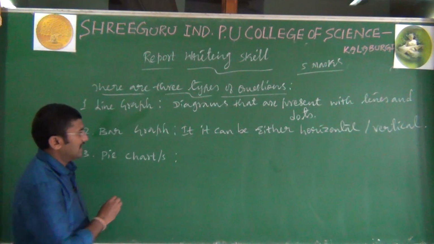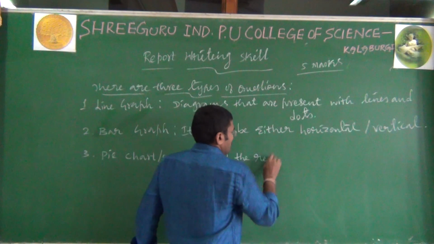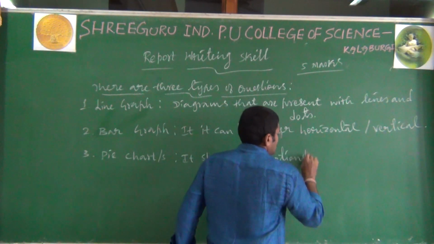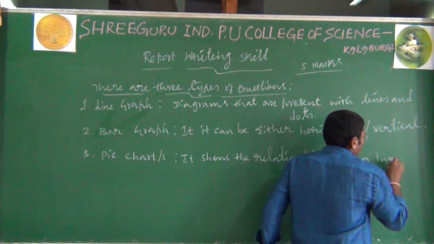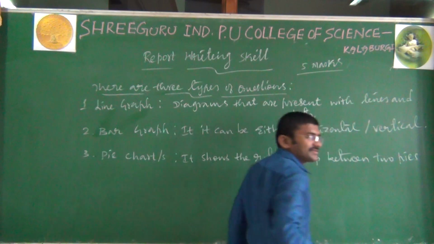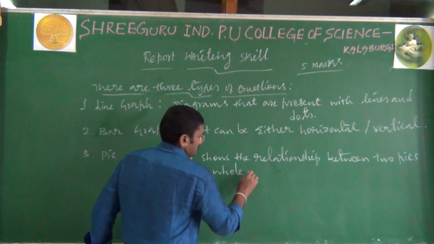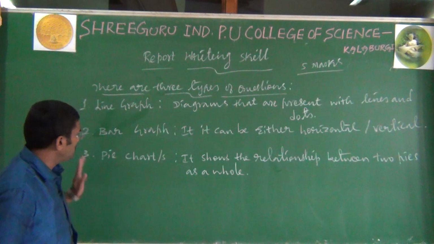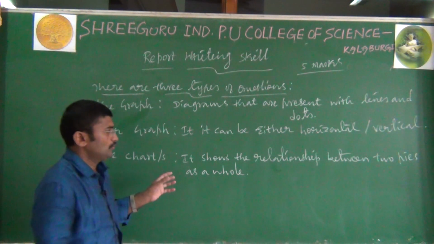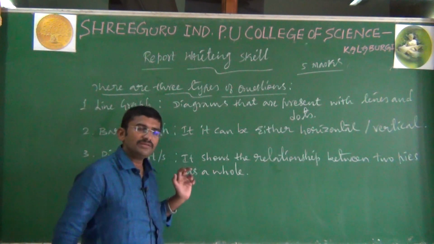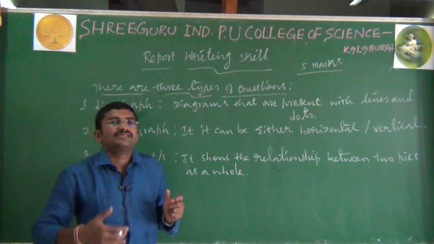Next, coming to pie charts, it shows the relationship between two pies as a whole. I mean to say that here in pie charts, two different pieces of information are given, sliced into different parts.